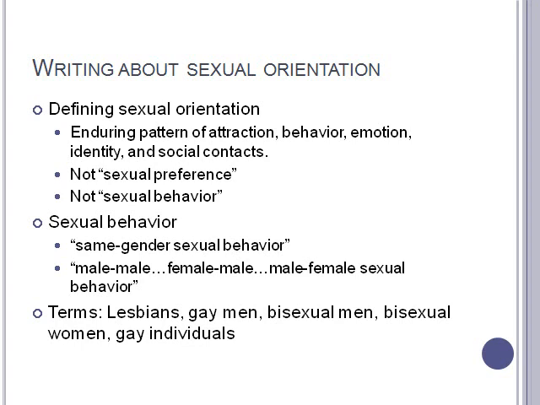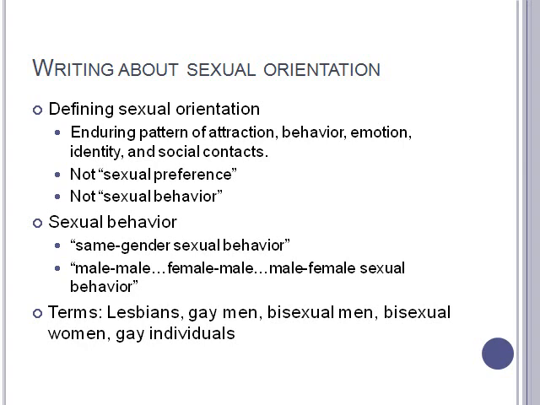Women who you would think of as having a homosexual orientation, we refer to as lesbians. For men, it's gay men, and for men or women who report a bisexual sexual orientation, it's bisexual men or bisexual women.